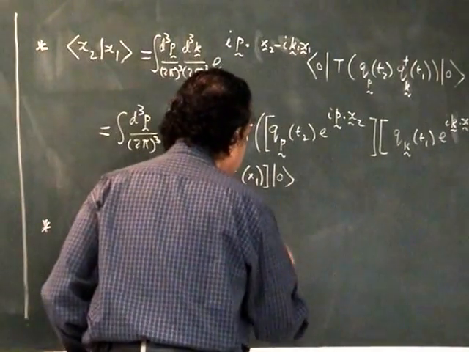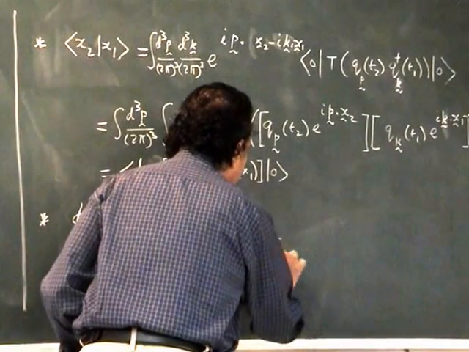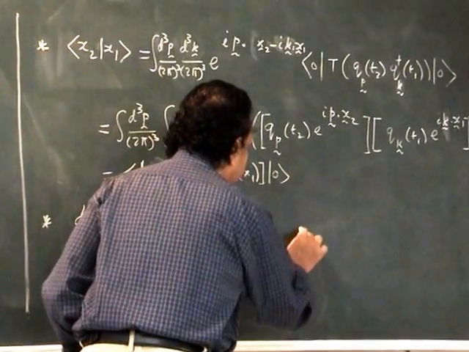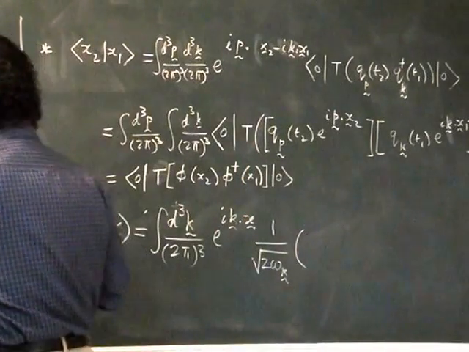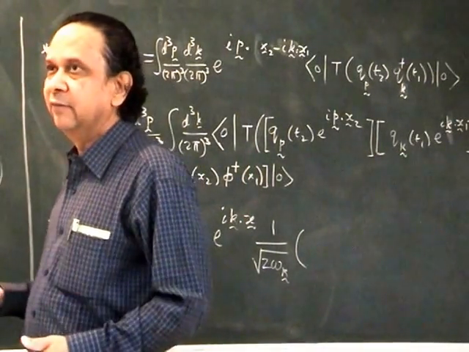This is a good time to expand it out. It is 1 over square root of 2ω_k times q_k, which is here, that's why I didn't keep this. And we will follow the traditional way of writing it.